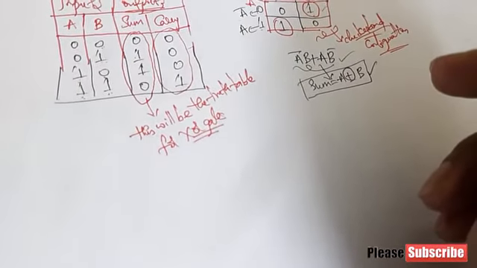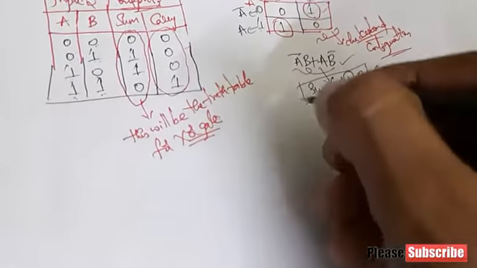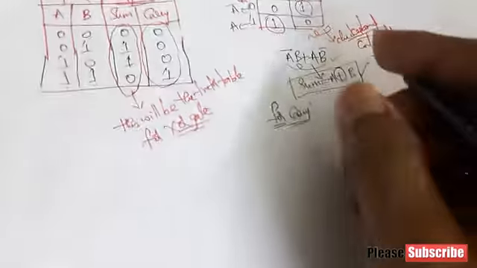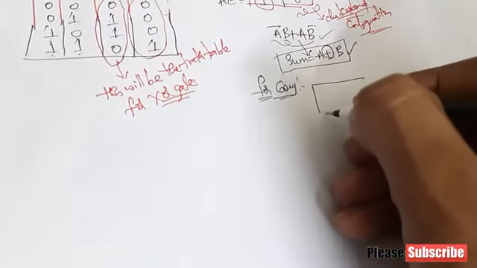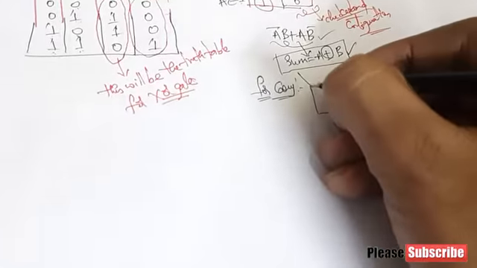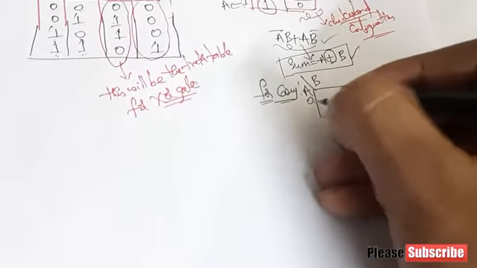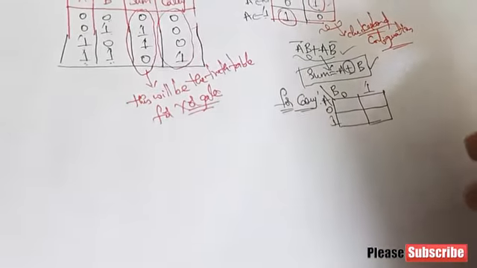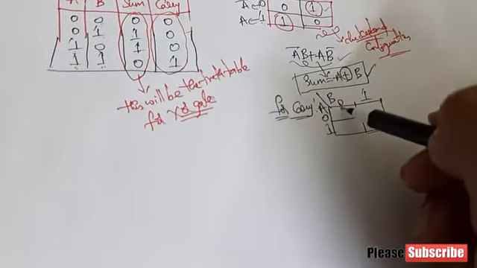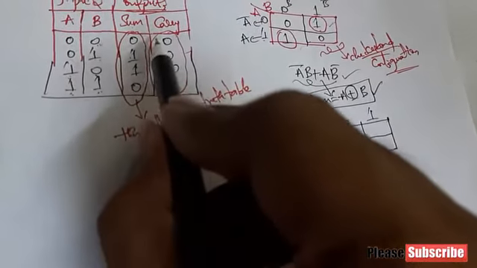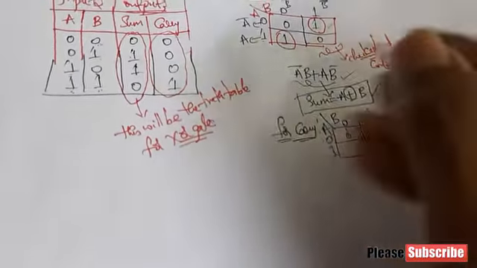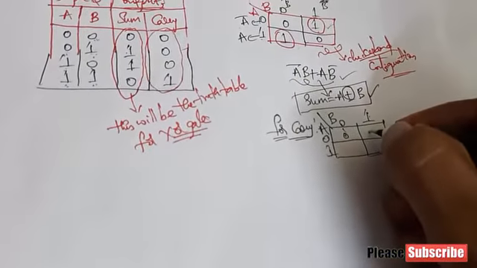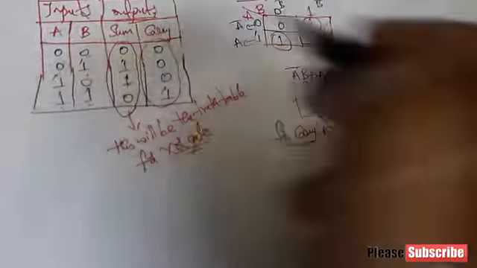Let's see the K-map for the carry. This will be A, B, 0 as well as 1. For 0, 0 combination, you will get the carry output as 0. For 0, 1 combination, you will get the output as 0.